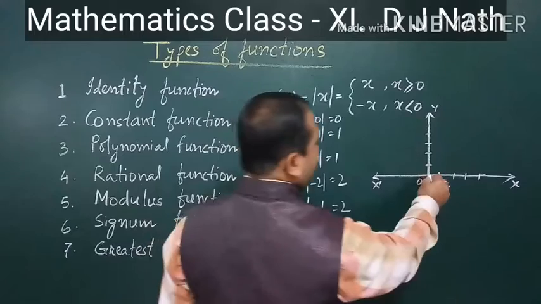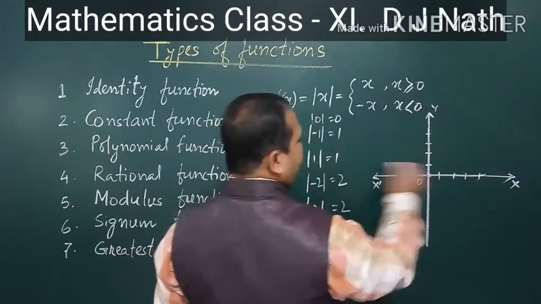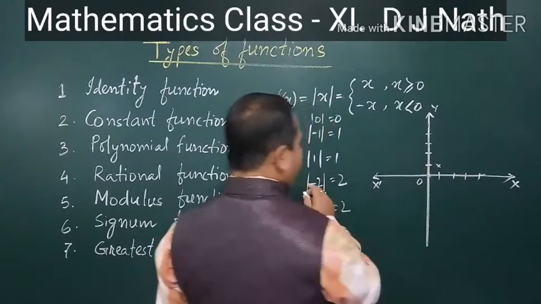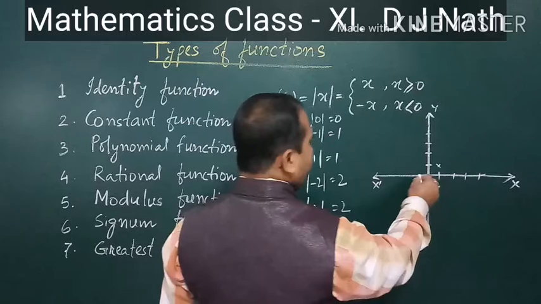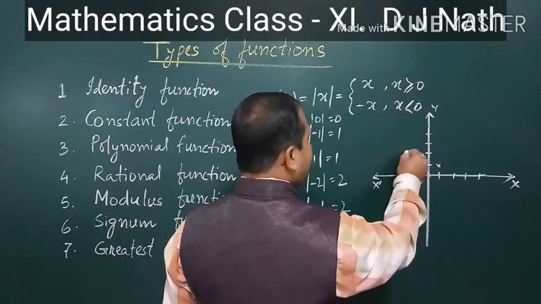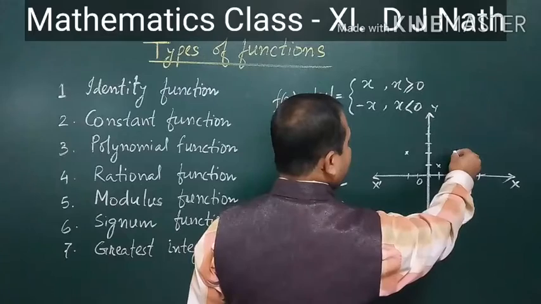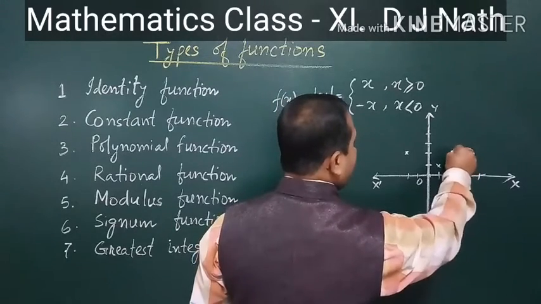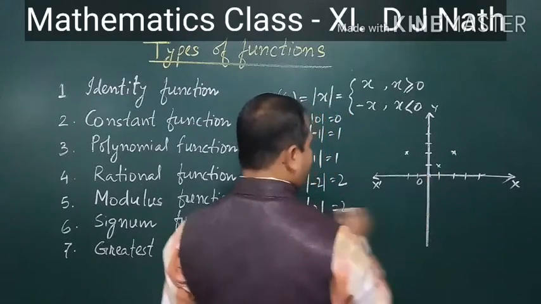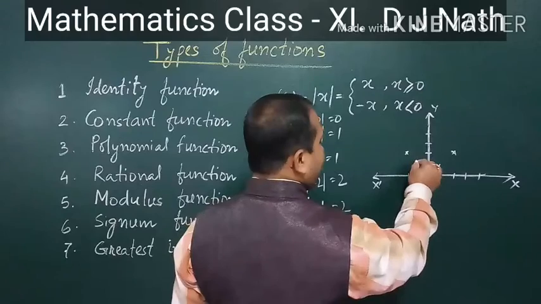Look at that: 0, 0; 1, 1; minus 2, it is 2; if it is 2, it is 2; if it is minus 1, it will be 1. Like that it is.